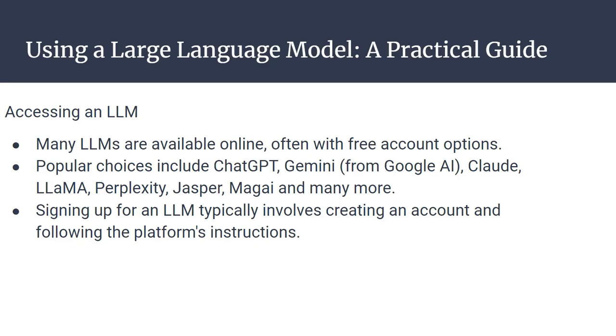So where the heck do you get these things? They are most often available online, and virtually all of them have free account options. So they could be ChatGPT. As I'm doing this here in 2024, I think they have 180 million users. They were really kind of the watershed one, even though they weren't the first by far, but it was the one with the major adoption.